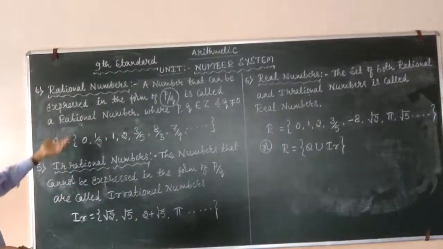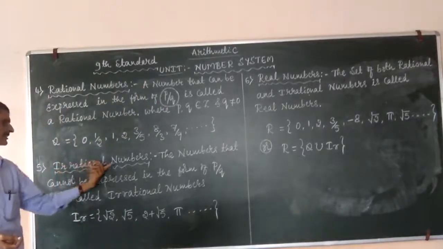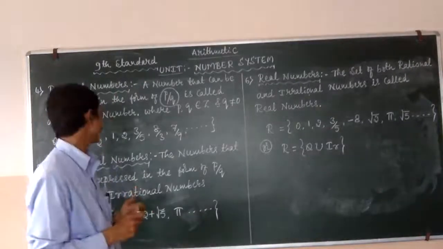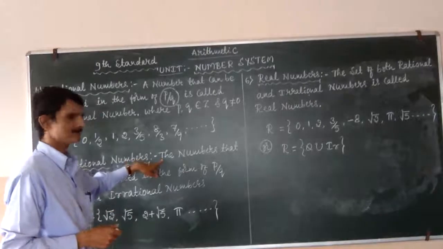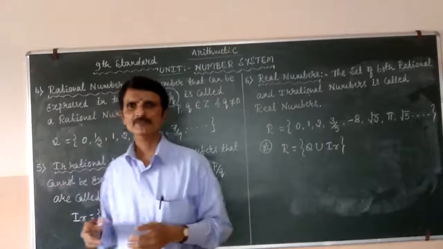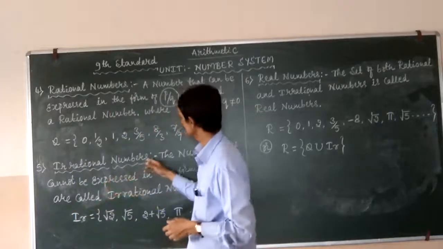Another set is irrational numbers. Irrational numbers are the numbers which cannot be expressed in the form of p by q.